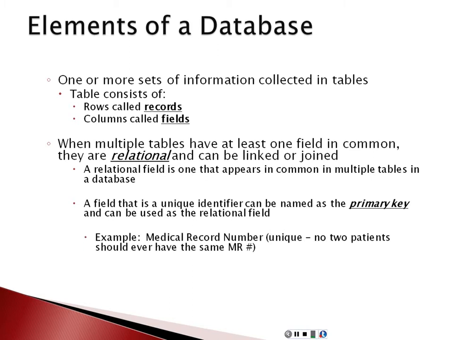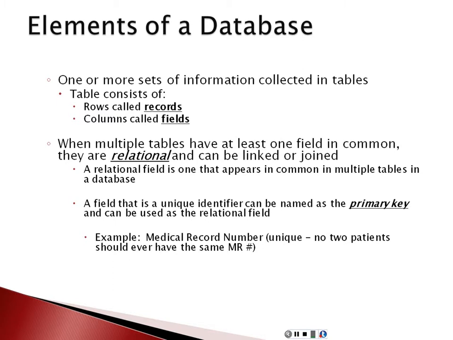Now, something that's a unique identifier: if you have two tables in a database, and each of these tables has information, let's just say we're keeping patient information in this database. And one table has a field where the patient's medical record number is contained.